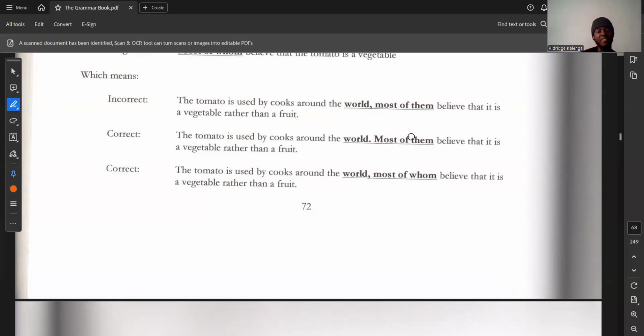So how can you make one a fragment? We've learned that "most of them" usually denotes a sentence, right? So, the tomato is used by cooks around the world. Most of them believe that it is a vegetable rather than a fruit. That's okay, two sentences. But then you can make the second part a fragment if you wanted to, and just say the tomato is used by cooks around the world, most of whom believe that it is a vegetable rather than a fruit, and then that works out.